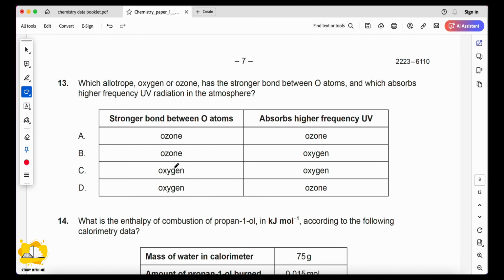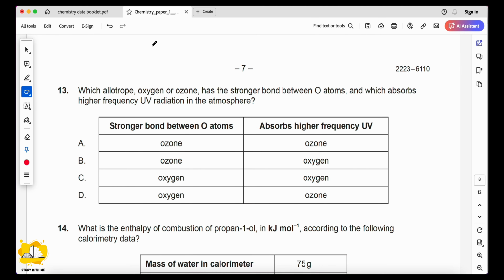Which allotrope, oxygen or ozone, has the stronger bond between O atoms and which absorbs higher frequency UV radiation in the atmosphere? So if we write the Lewis structure for oxygen, it will be like this, and ozone, it will be like this.